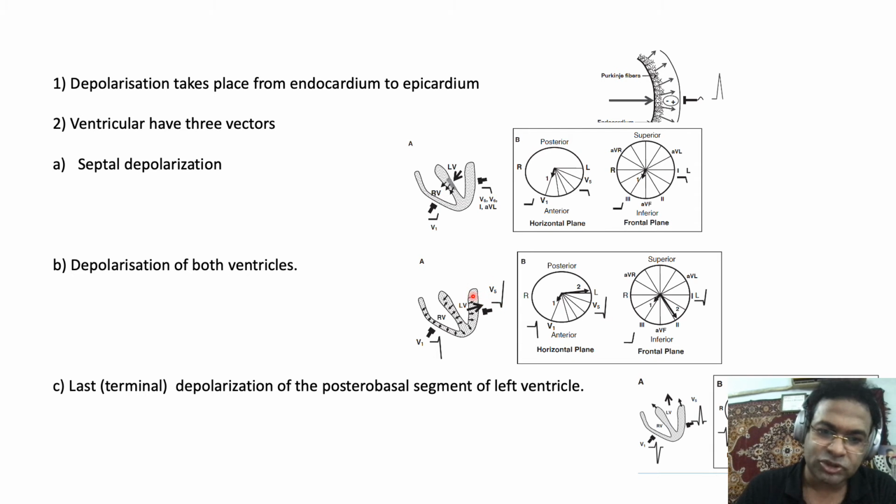So this posterior basal brings the QRS back to the isoelectric line. So the ventricular depolarization takes place in three parts. The septal depolarization, left to right, then the bulk of the ventricles get depolarized, which creates an entire axis towards the left side, and then there is a terminal depolarization in the posterior basal segment.